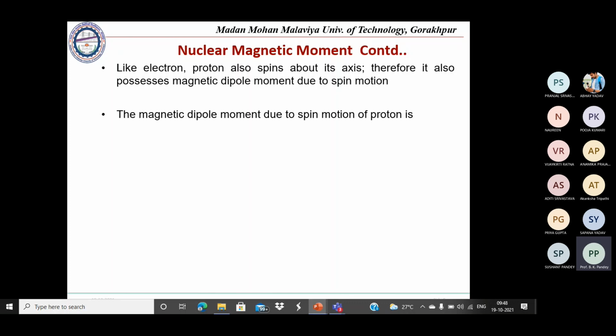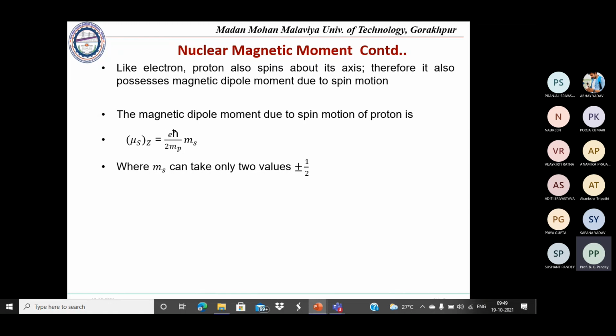The magnetic dipole moment due to the spin motion of proton is mu Sz is equal to e h cut upon 2 mp into ms. Exactly the same situation and same expression what we did in case of electron when we were dealing with the atomic physics from its spin point of view. The similar situation is prevailing for the proton, but the difference is that this proton is inside the nucleus. That's why all the parameters related to that proton have been considered inside the nucleus only.